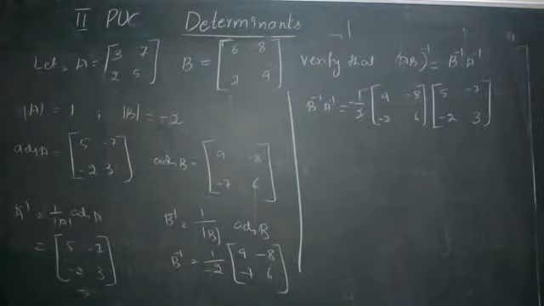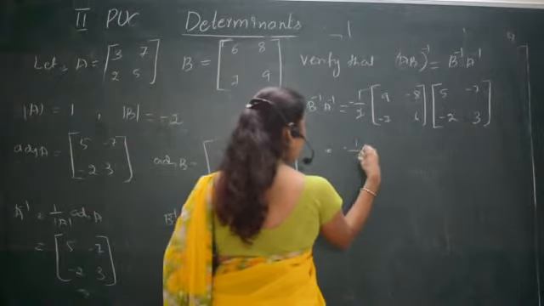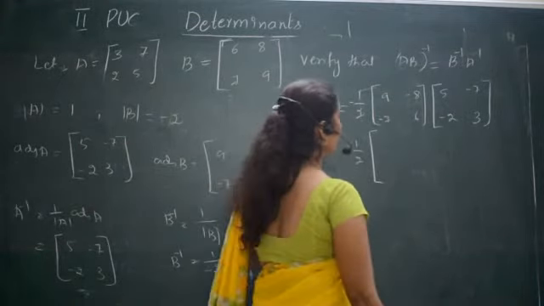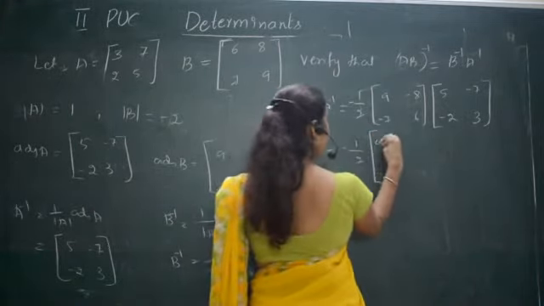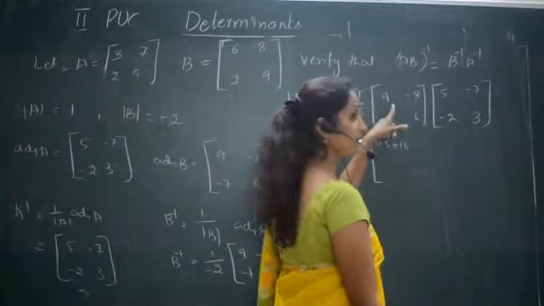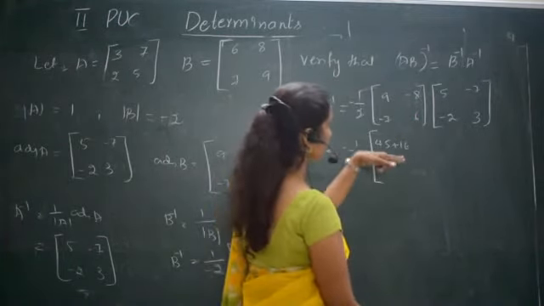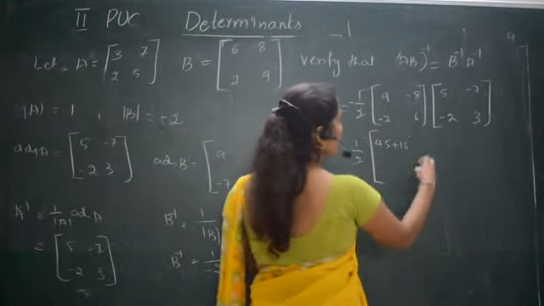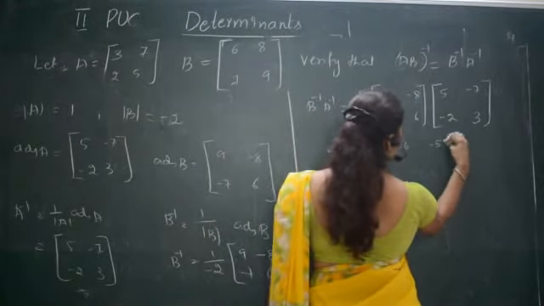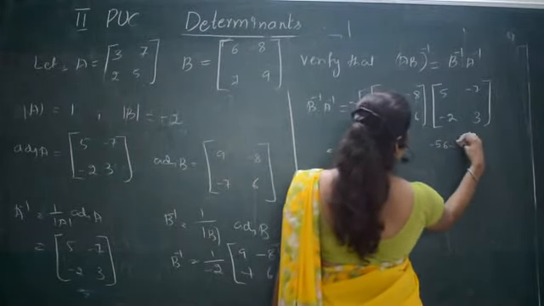So what we get: minus half into 9 into 5 is 45, then plus 16, that is minus 8 into minus 2. Then 9 into 7, minus 63, then minus 24.